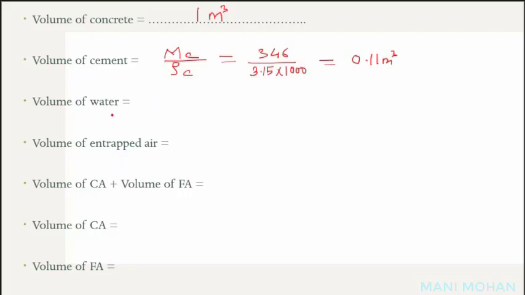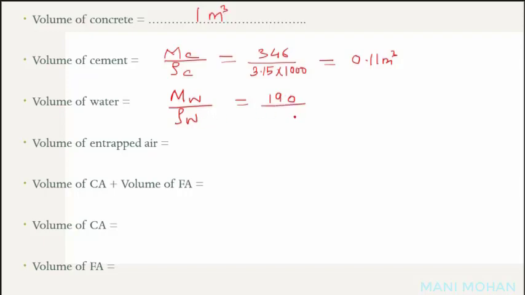Next we are going to compute the volume of water. For computing the volume of water, we need to know the mass of water for making 1 meter cube of concrete, divided by the density of water. The mass of water used for making the M20 mix design is 190 kg divided by the density of water.